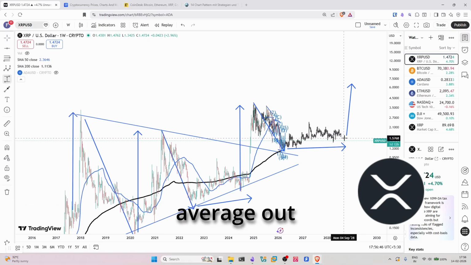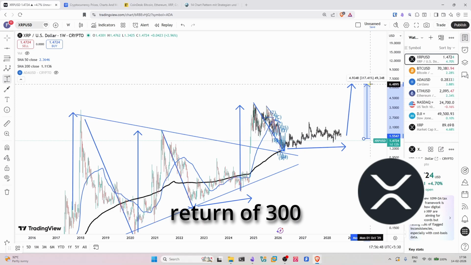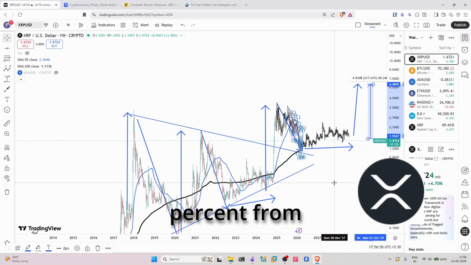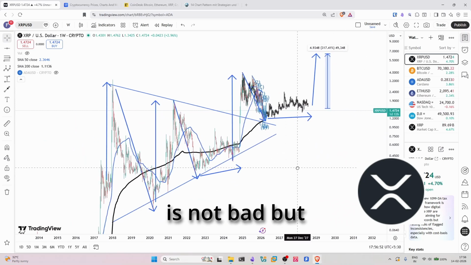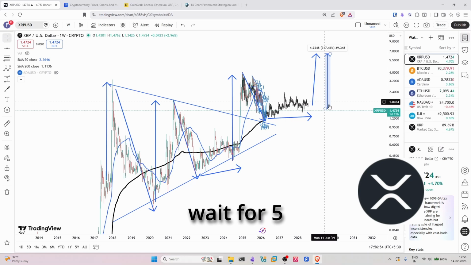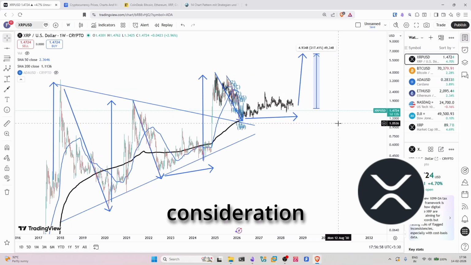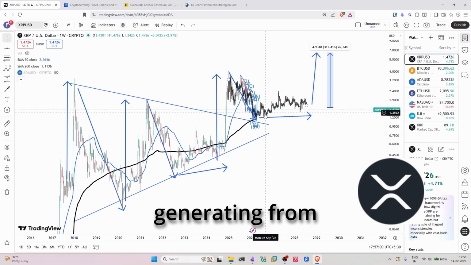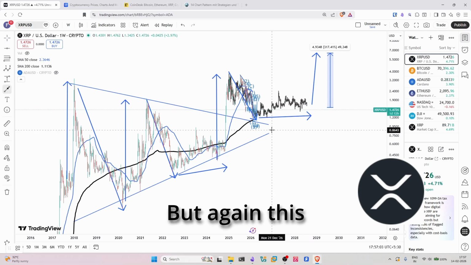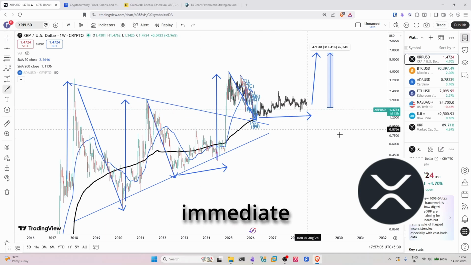Let's say if we average out here, it's a return of 300% from its current position, which is not bad. But if you have to wait for 5 years, you can take that into consideration, how much profit you are generating from that. But again, this is not immediate returns.